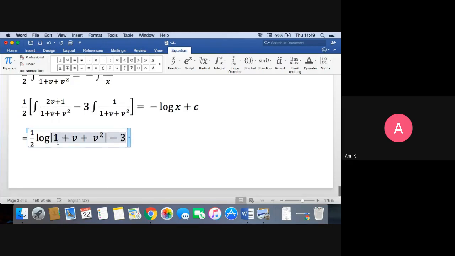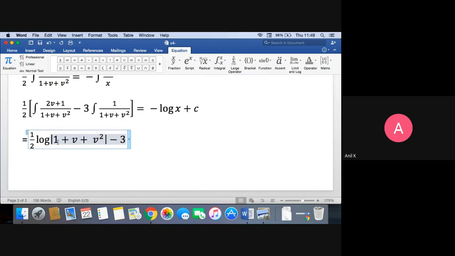So here we have to convert this into a plus b whole square, using the completing square method, so that you can integrate. This equals minus log x plus c.